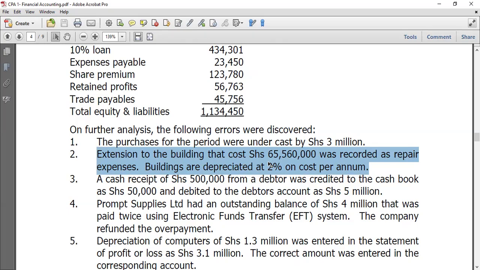Now, sometimes the examiner can also combine errors, let's say, an extension to the building cost, recorded in the repairs account as 560 instead of 65. Now there, you know that you have more than one error. You have an error due to the wrong amount, and then you have an error due to the wrong account, okay? So you need to understand the dynamics.